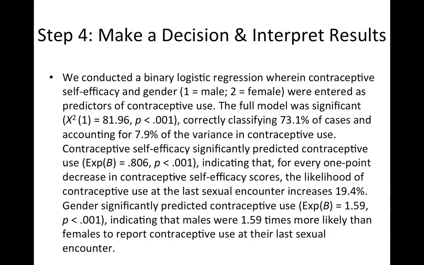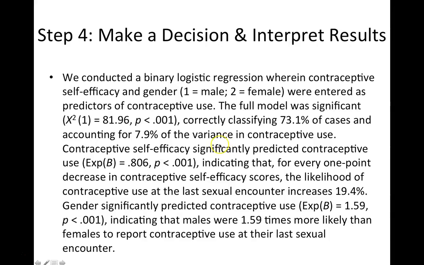I'm not going to spend a ton more time on logistic regression. We would think about both the clinical and practical significance of this in much the same way as we have been before, thinking about why it might be that gender predicts contraceptive use in this way. It makes sense that contraceptive self-efficacy predicts contraceptive use in the way that it does.